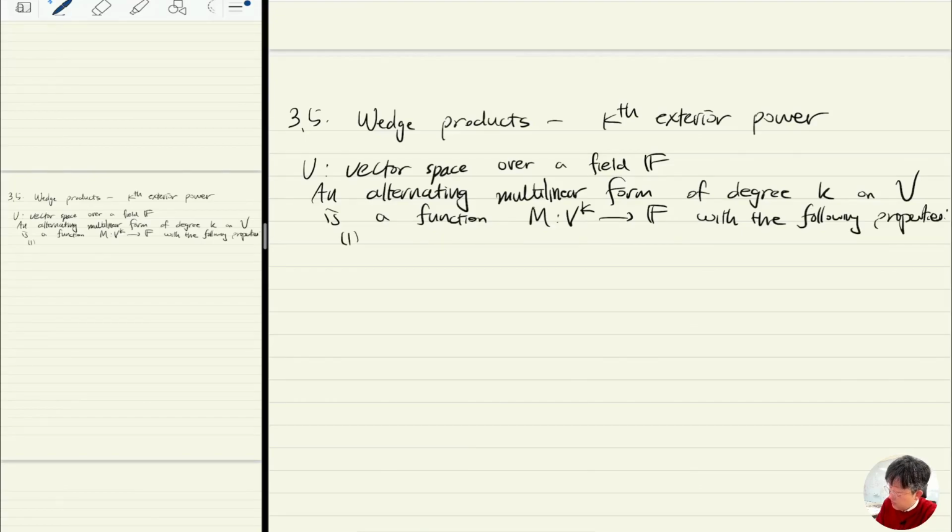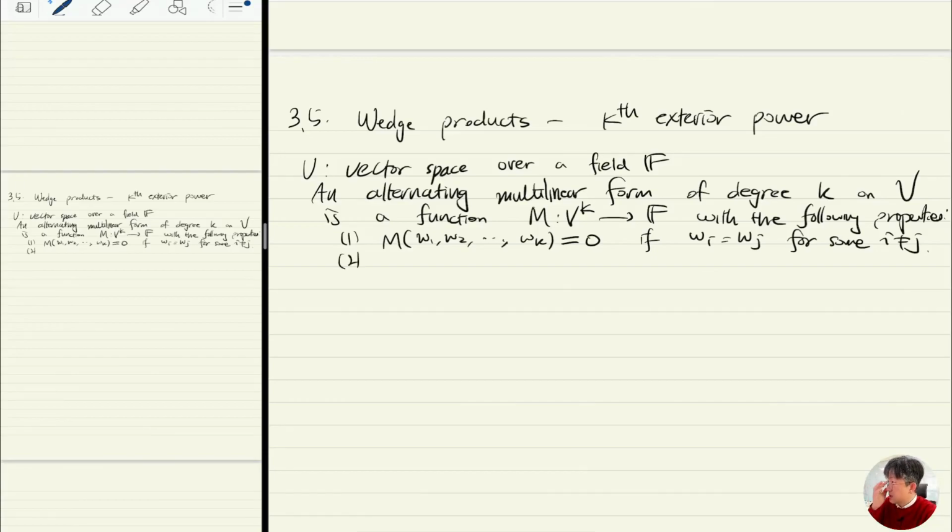The first property is m of w1, w2, ..., wk is 0 if wi is equal to wj for some i not equal to j. So if two arguments are equal, then you get 0.